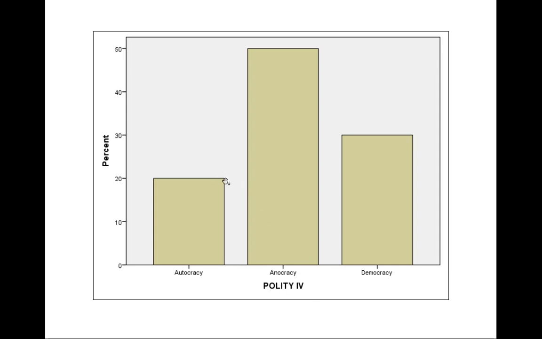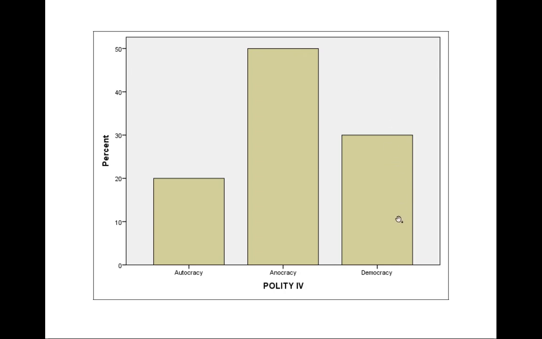20% of the observations were autocracies, so the top of this bar for autocracies extends to 20% on the y-axis. 50% of the observations were anocracies, so this bar on top of anocracies extends to 50% on the y-axis.